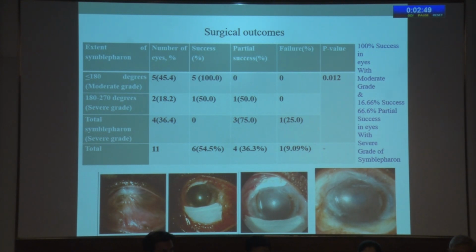Among the patients with moderate grade symblepharon, all patients had success, and among patients with severe cases, more than 180 degrees, we had only 16% success rate, and 66% partial success was observed with mild conjunctival recurrence.